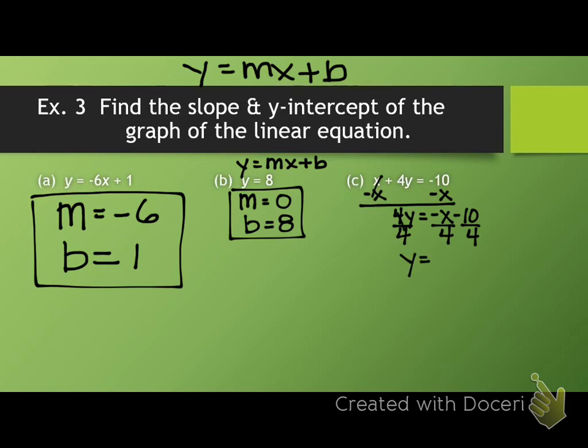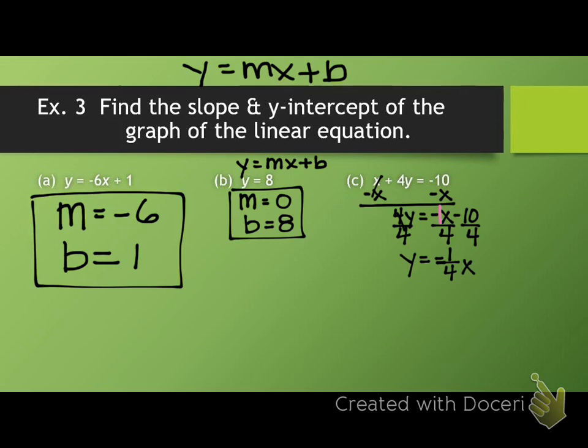So y equals, now there's an understood what in front of that x? 1. And here's why that's important. I can rewrite this as -1/4 and just drop the x down beside the fraction. That is going to help me identify my slope easily. So that's -1/4. Guess what some people write when they see that? They write 4. That's why it's important to understand there is a 1 in front of that x. So it's -1/4 x. And then what happens to -10/4?